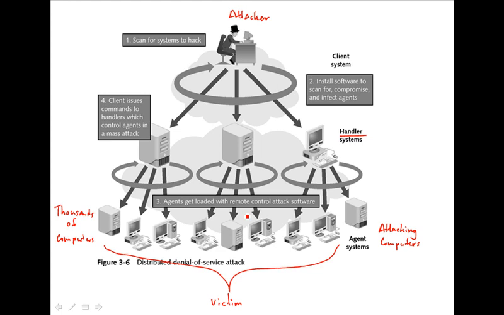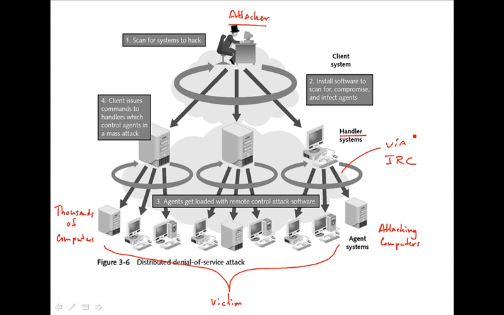But the point is, there are various ways these computers are going to be compromised, including more and more viruses and worms that, as part of infecting a computer, install some of this remote control software on it, so it can be controlled by the attacker up here. And a lot of times the control is actually via what we call internet relay chat. We'll talk more about this later.